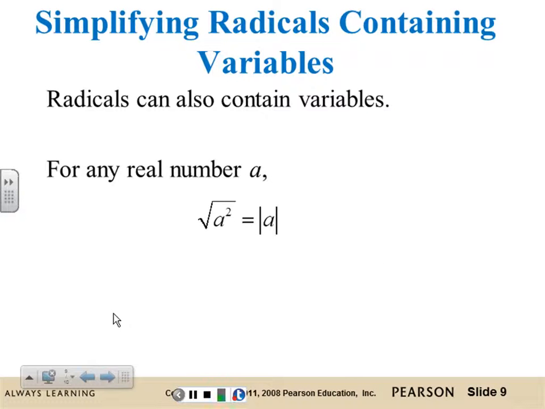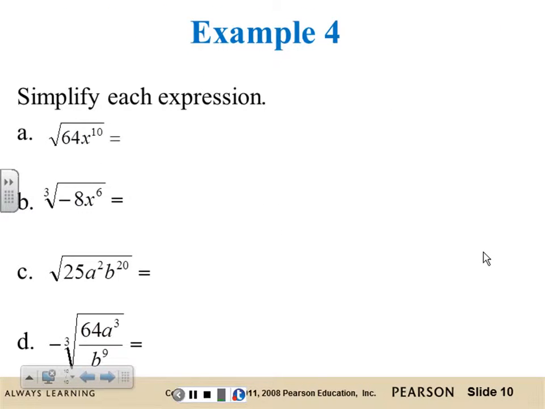Alright, simplifying radicals containing variables. Radicals can also contain variables for any real number A. So again, you have the same concept here. The square root of anything squared is the absolute value of itself. So here, simplify each expression. So notice that I have the square root. Remember, there's an understood 2 here.